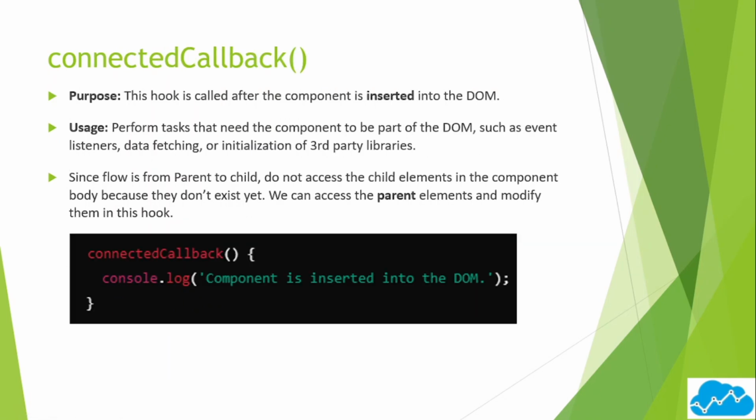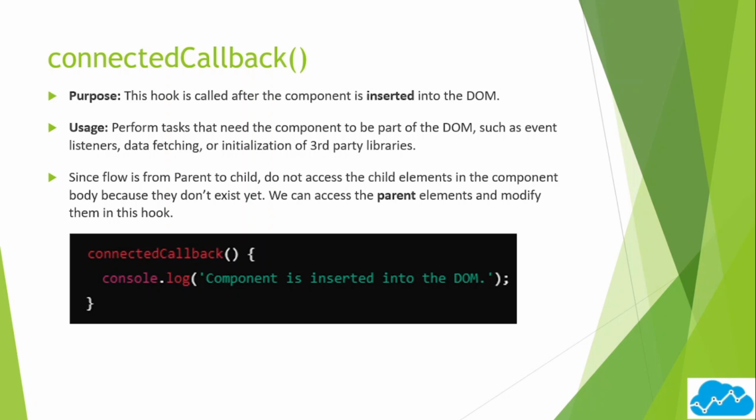Connected callback. Purpose: this lifecycle hook is called after the component is inserted into the document object model. Uses of connectedCallback: it performs tasks that need the document to be part of the DOM, such as event listeners, data fetching, or initialization of third-party libraries.